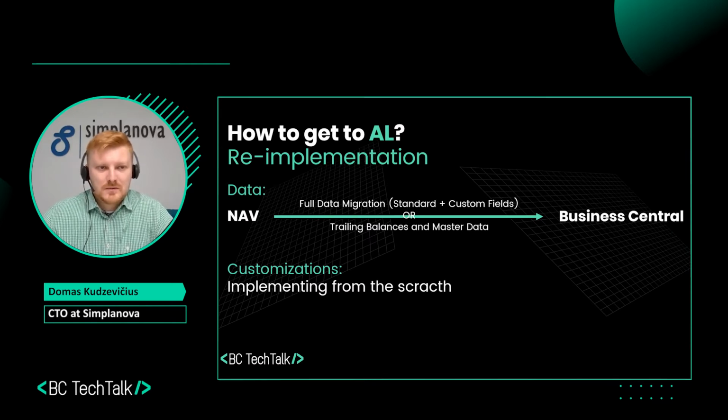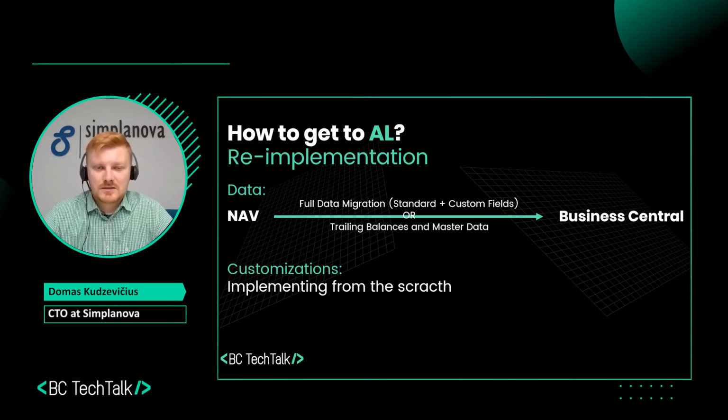Okay, so let's move on to the first topic and how to get to AL. The first path I would call reimplementation, or someone calls it clean start. So basically you perform data migration, or just move trial balances and master data from your old solution to Business Central, and then start the implementation process again.